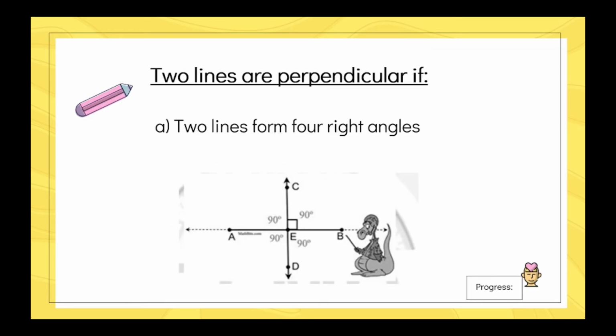These are the characteristics or conditions on how we are going to identify that two lines are perpendicular. Letter A, two lines form 4 right angles. So, kapag ang dalawang lines nag-intersect, ilang right angles ang mabubuo niya? Obviously, 4. So, 90 degrees, 90, sa baba 90, and another 90 degrees.